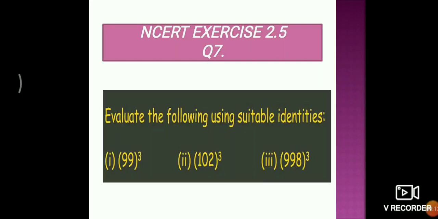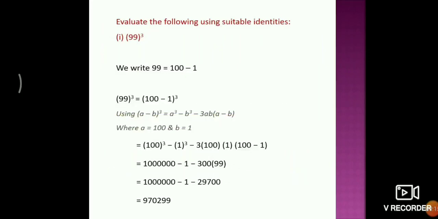Then we will be using identities. So 99 whole cube can be written as 100 minus 1, or 90 plus 9, or 95 plus 4, 98 plus 1. It's up to you. You just have to split it into two different terms.